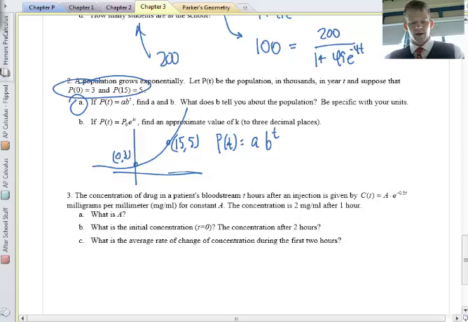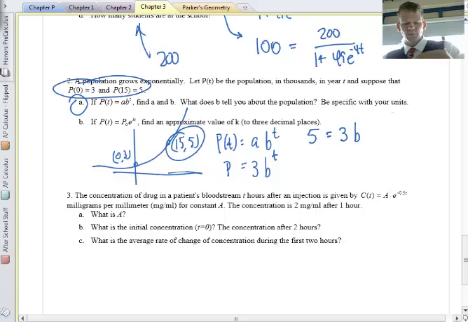So your initial value is the a value, so it's really 3 b to the t, and that equals your population.